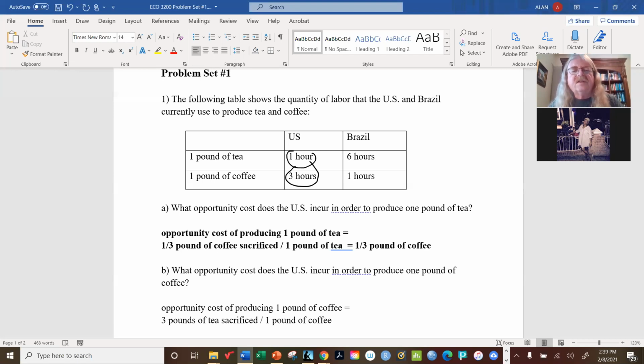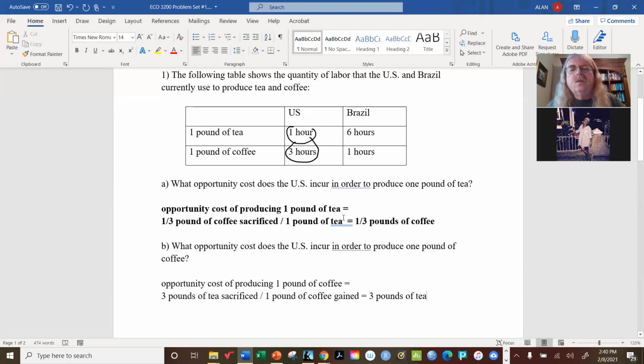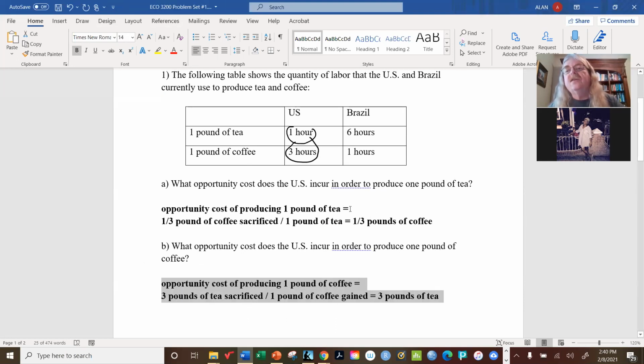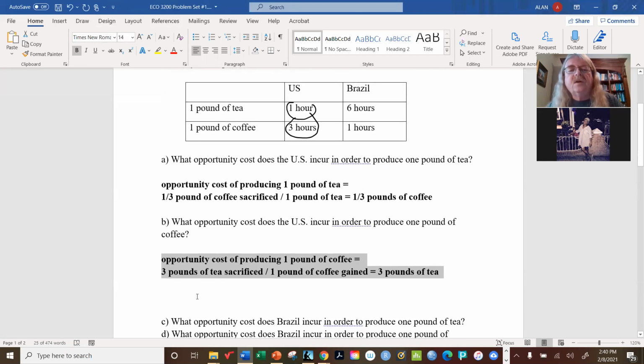So the ratio is the sacrifice is 3 pounds of tea. The gain of coffee is 1 pound. So this ratio is 3 pounds of tea. Now, one thing we can point out here is that you don't really even have to think about it, because the opportunity cost of one good is the inverse of the opportunity cost of the other good.